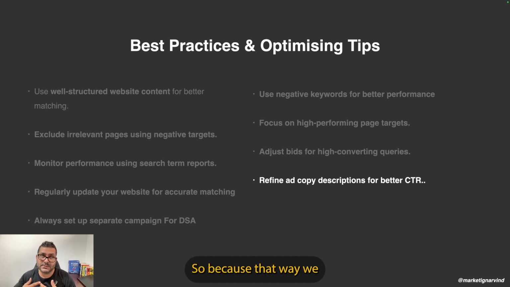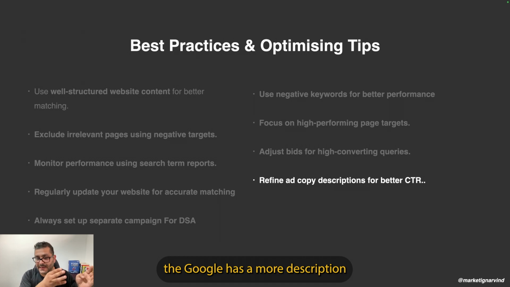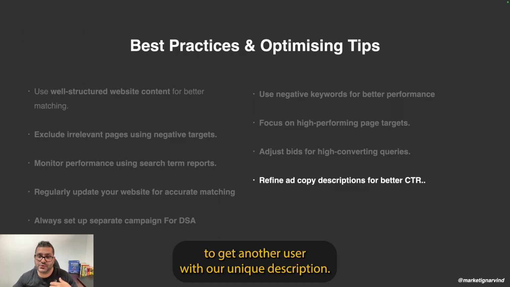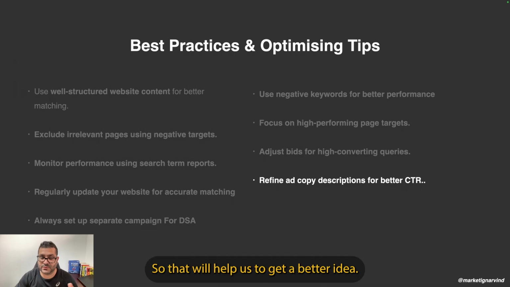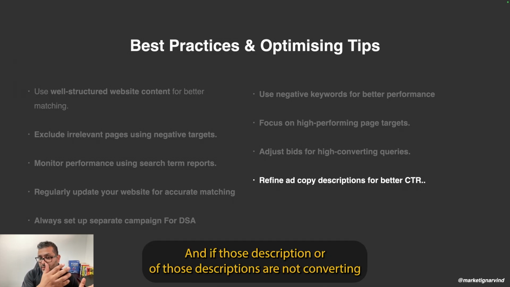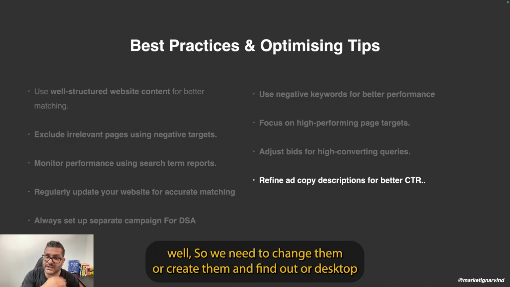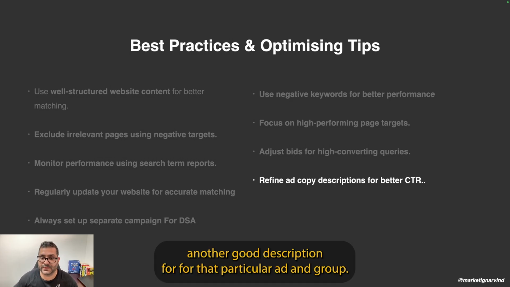That way Google has more descriptions to reach users with our unique descriptions, which will help us get a better CTR. And if those descriptions are not converting well, we need to change them, rotate them, and test another description for that particular ad group.